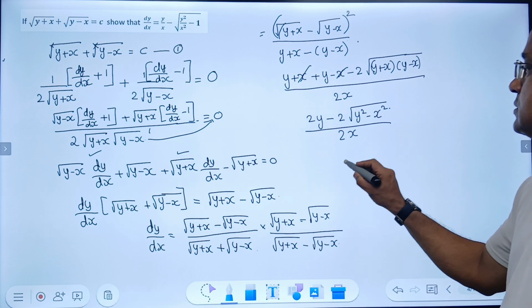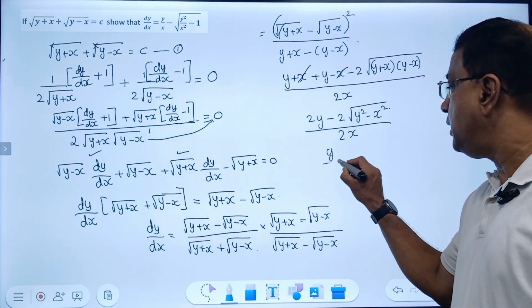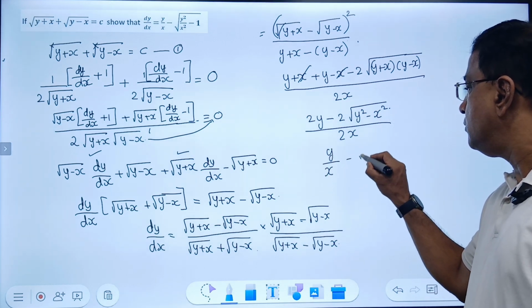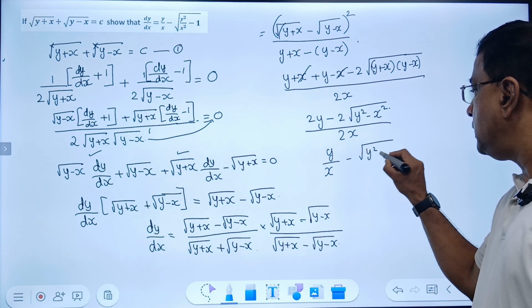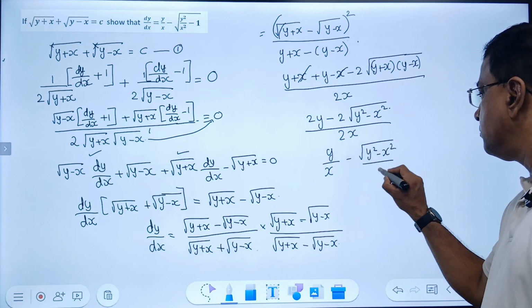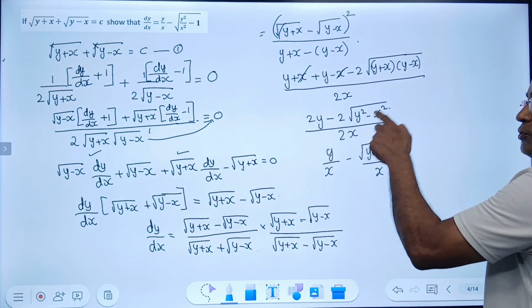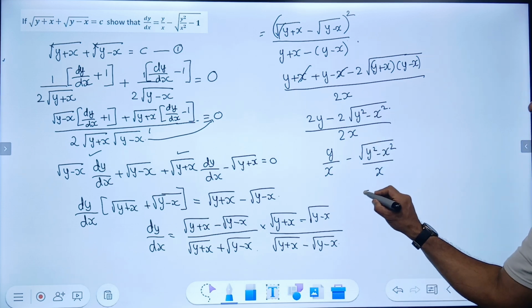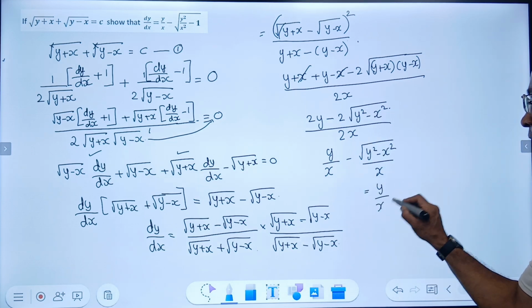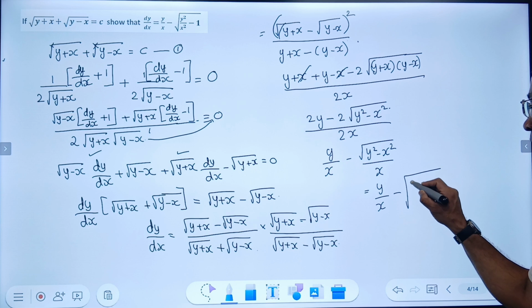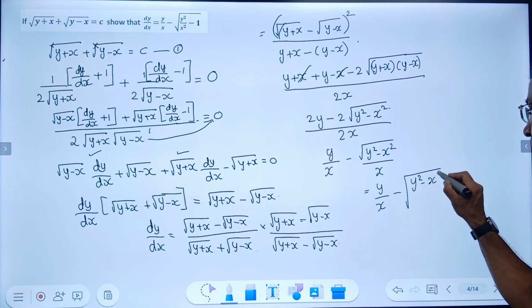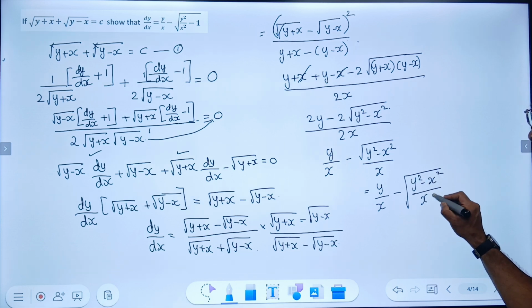Now 2 can be cancelled, so you get y by x minus root of y square minus x square by x. I'm just splitting this x to both the terms. Now this is actually y by x. Can I say this is root of y square minus x square divided by x square?